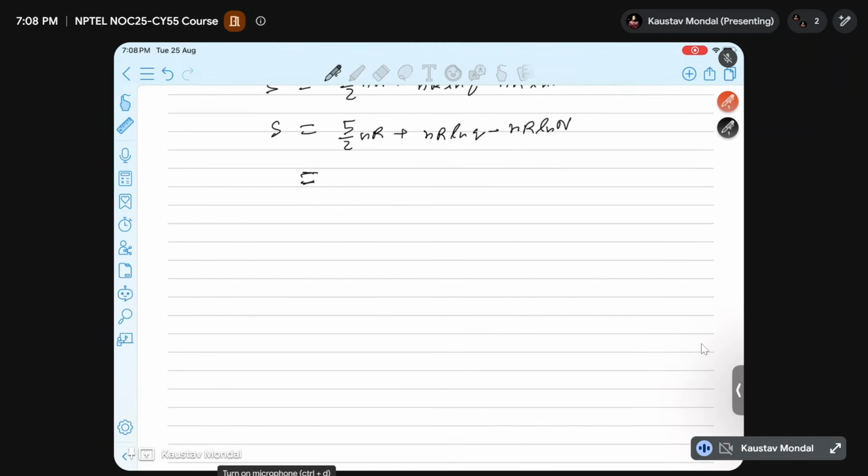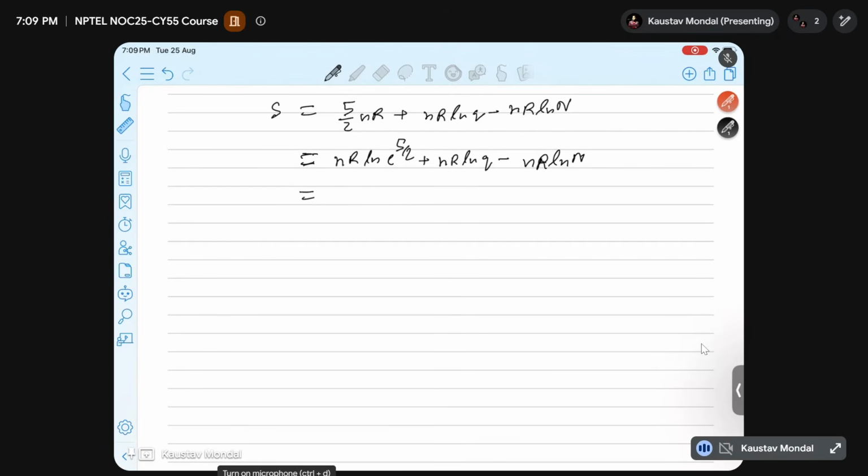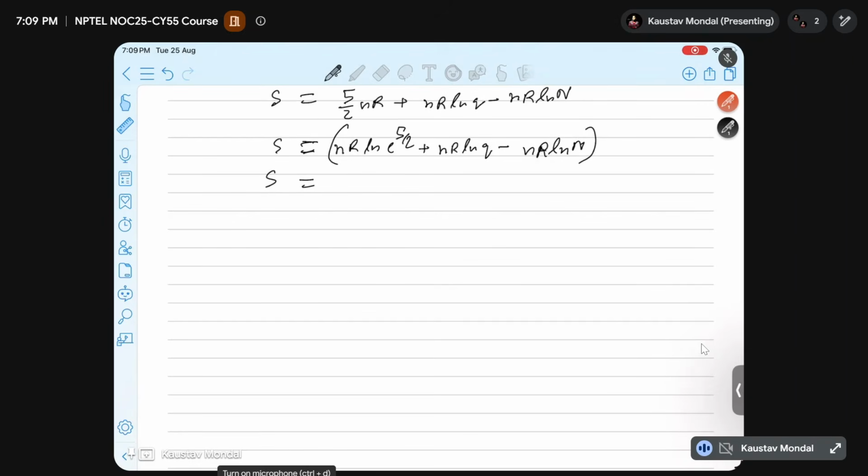To do that, we write 5/2 as nR ln of e to the power 5/2, plus nR ln Q minus nR ln N. Now all three quantities are logarithmic, so we can simplify and write it as ln of e to the power 5/2 Q divided by N.